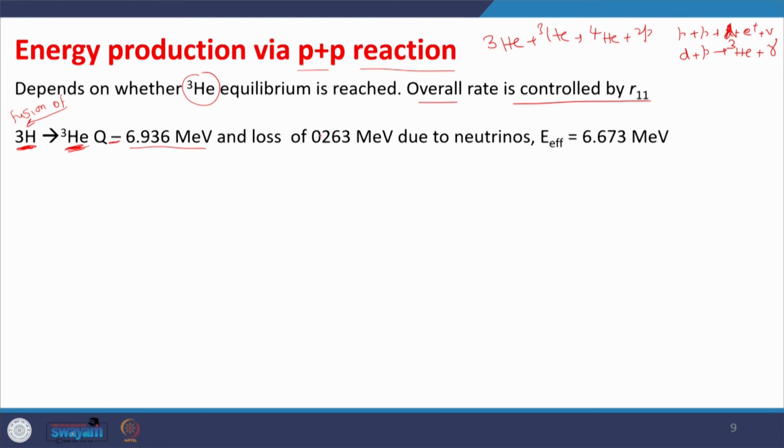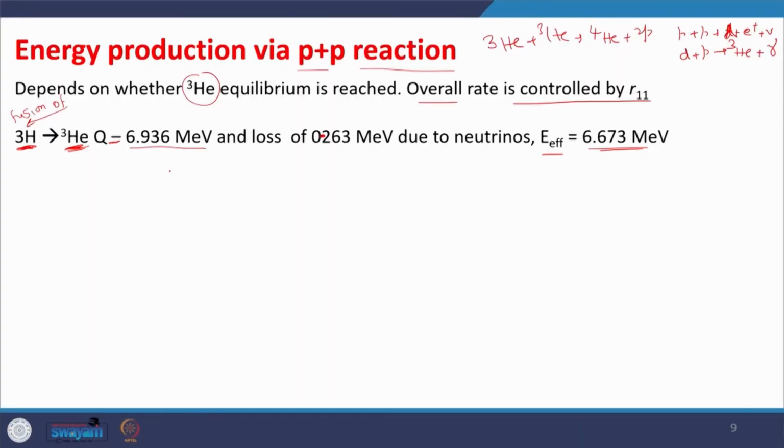Please remember, it is 0.263 MeV for neutrinos on average, which I showed you earlier, right. The loss of neutrino energy is 0.263. So, overall the effective energy is 6.673 MeV. With this one can understand the energy produced in the stars via the P plus P reaction. How?